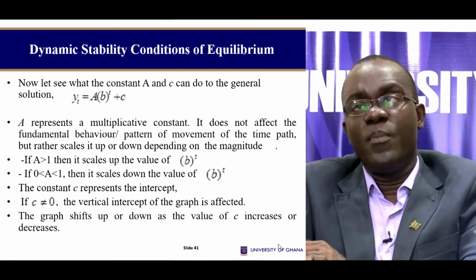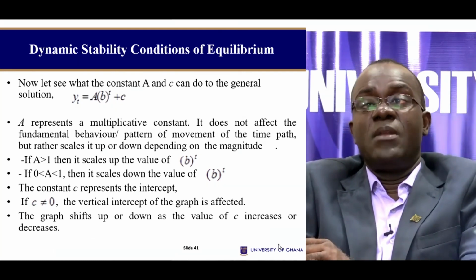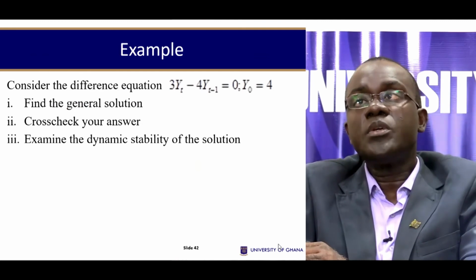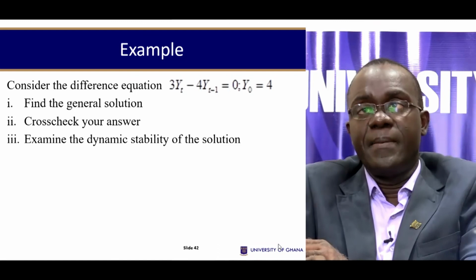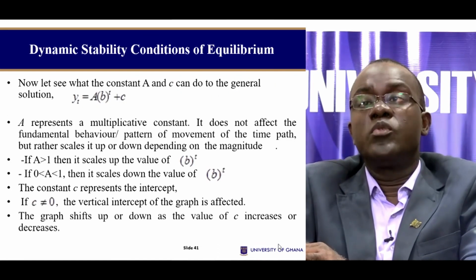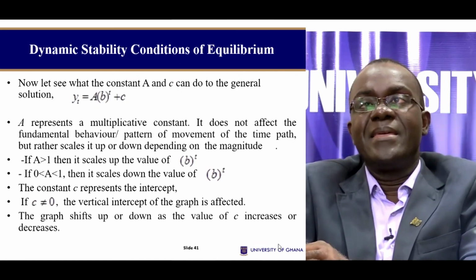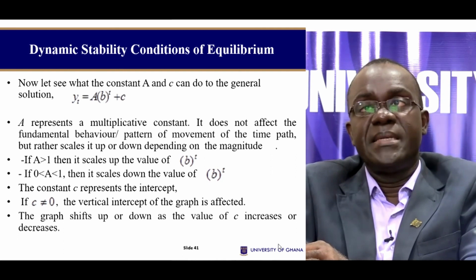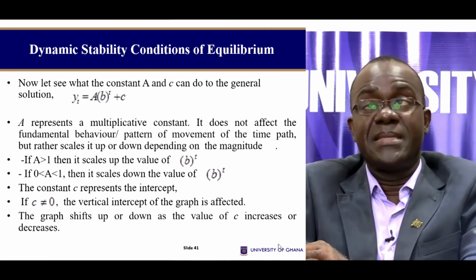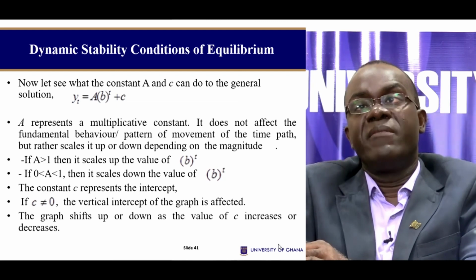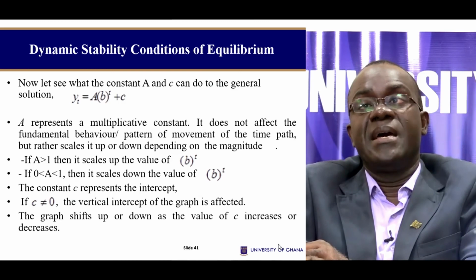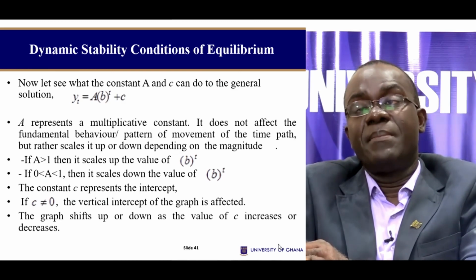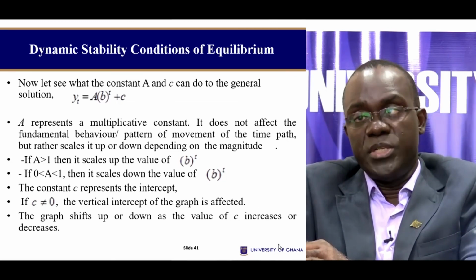This one will move it up or move it down based upon the value of what? C. So what we can conclude is that there can be dynamic stability, or there wouldn't be dynamic stability. It all depends on the value of b that we have over here. So b is the most important factor that would determine the dynamic stability of any first order difference equation.